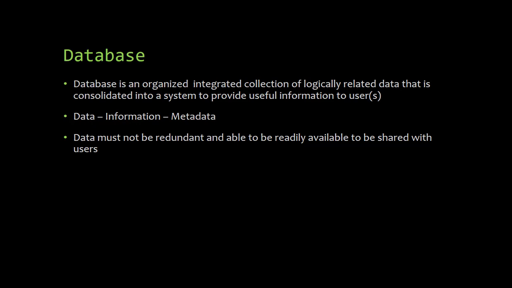When you need to contact that person, or if you're trying to remember where that person lives or what their email address is, you have it on that contact form. Therefore, that data, those raw facts about that individual, have now become useful information. And that database, that collection of all of those contacts, is now in one place. It's consolidated into a system that is going to provide you that useful information.